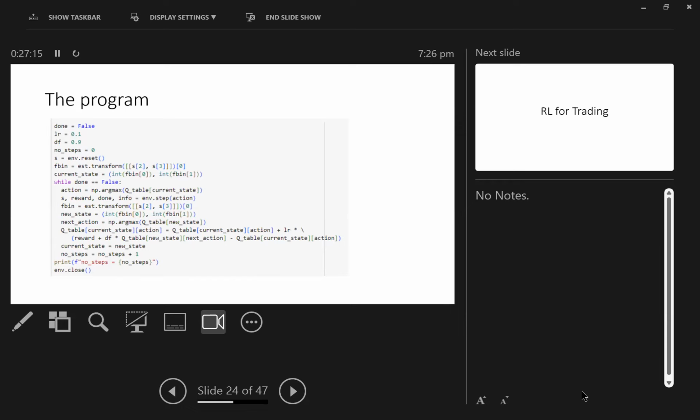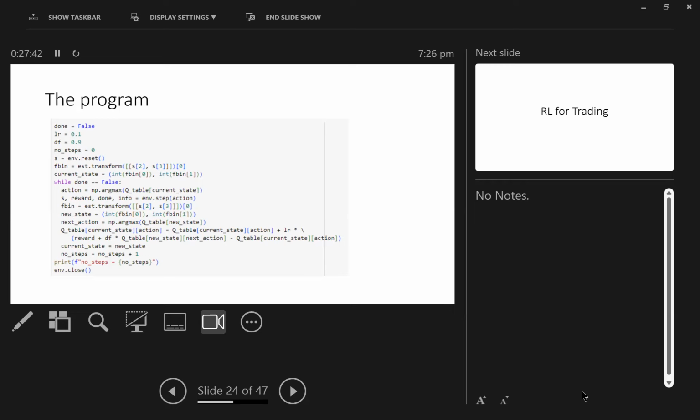angle, and then the angular velocity, and then we call SK transform to assign these 2 values to the corresponding bin. Initially, for example, this is 0, and this is also 0, and basically you can imagine that this is the middle bin.